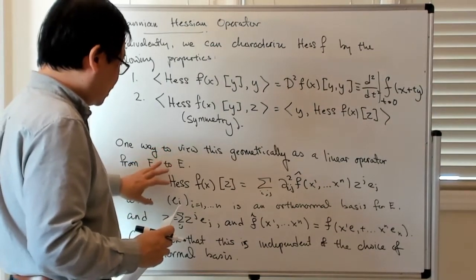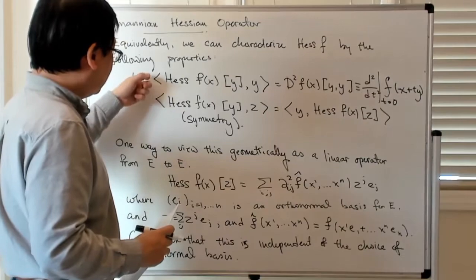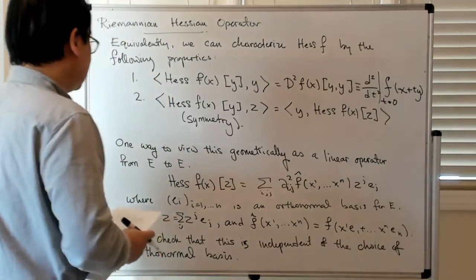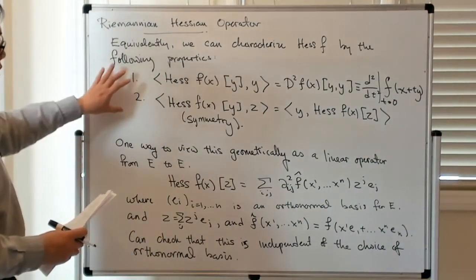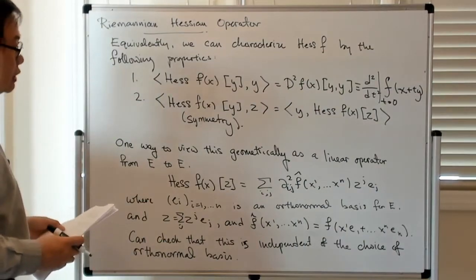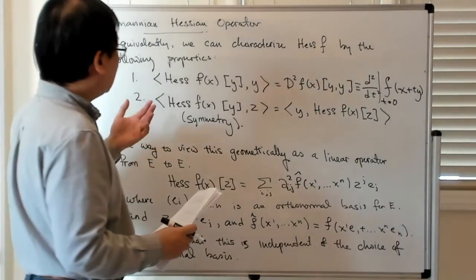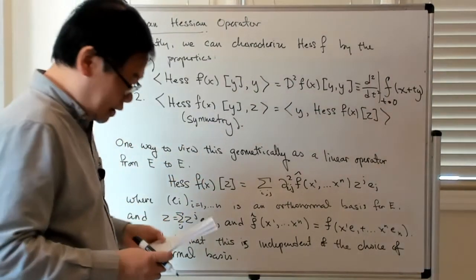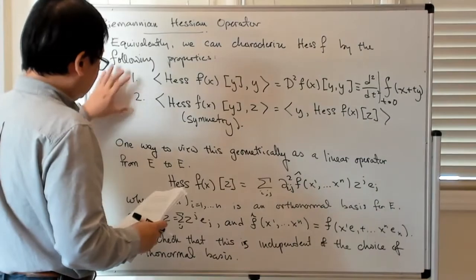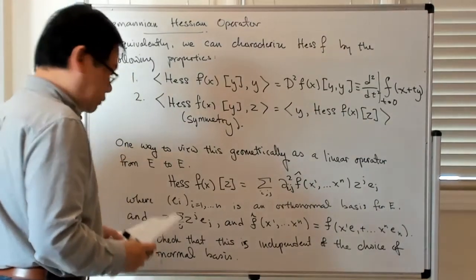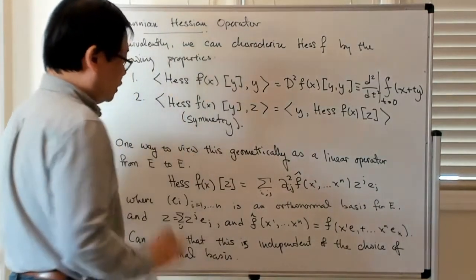You can characterize it either in this way, or more abstractly in this way. And with that in mind, now we'll try to describe what the Hessian operator is on a Riemannian manifold, which is meant to generalize these properties. Okay, so let me just stop here for now.